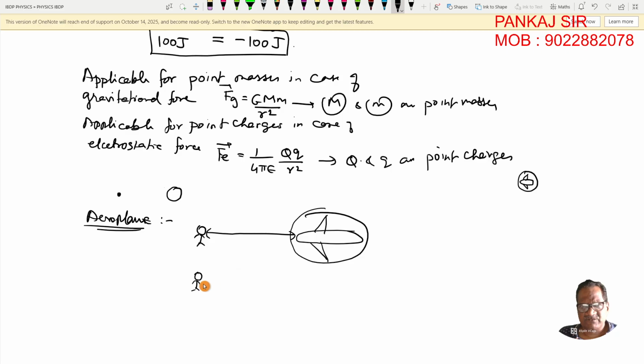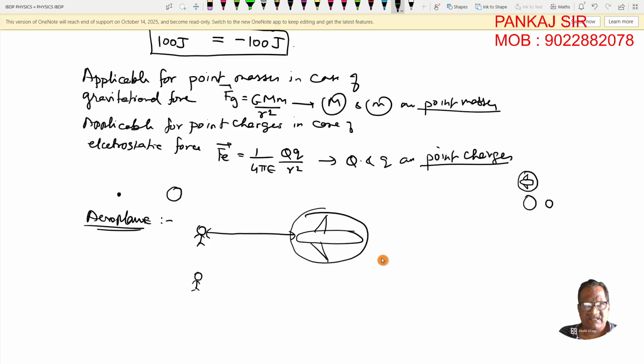But when you see them from a very large distance, from the earth's surface, they look smaller in size. So whenever the comparative distance is very, very large, the objects can be considered as point objects. So when I talk about point masses or point charges, this is what I mean.